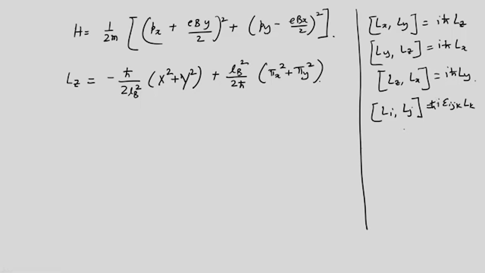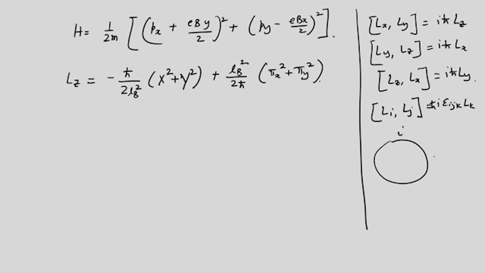So epsilon ijk is called the Levi-Civita tensor, which is equal to 1 when i, j, k are cyclic, which means that if you write down i j k in the clockwise fashion, then epsilon ijk equals 1. However, if you break the clockwise order, say j i k, then that picks up a negative sign.